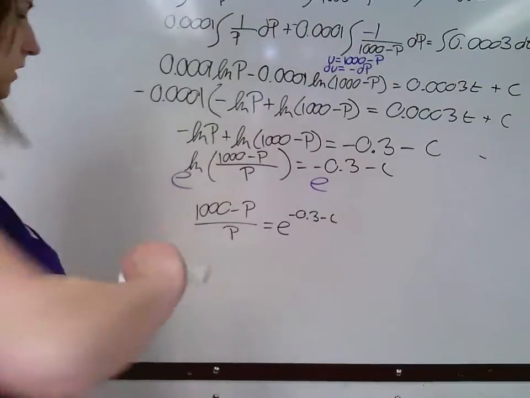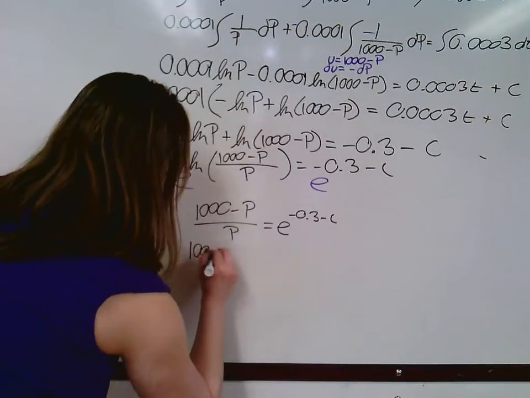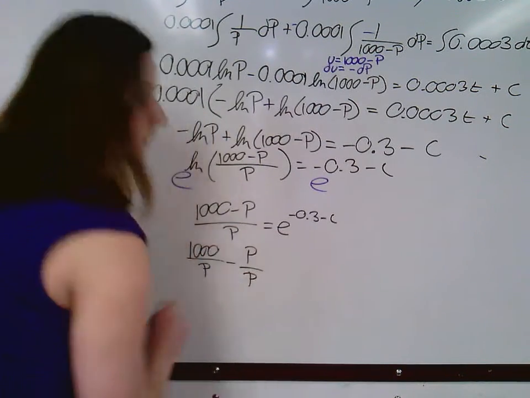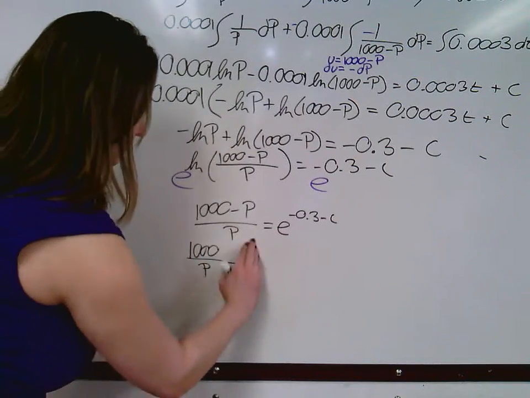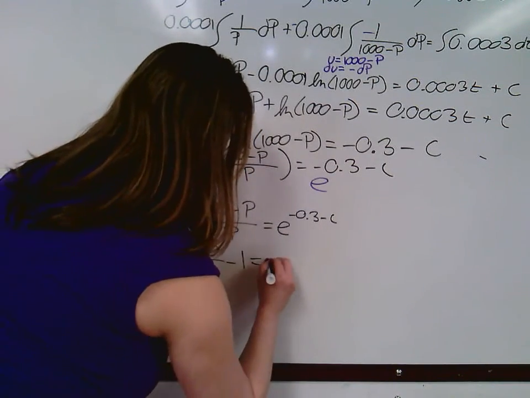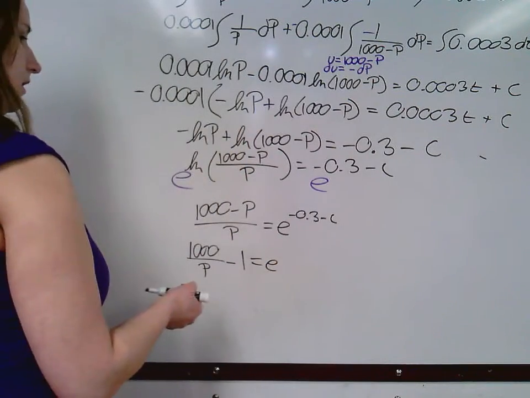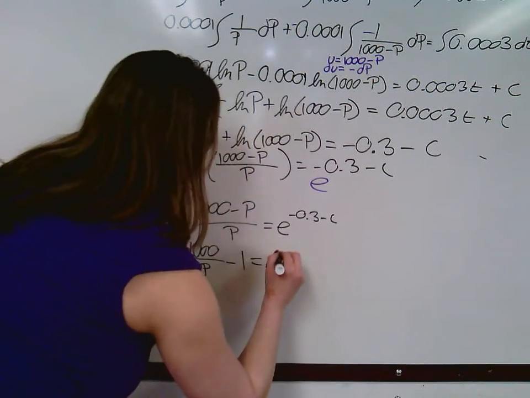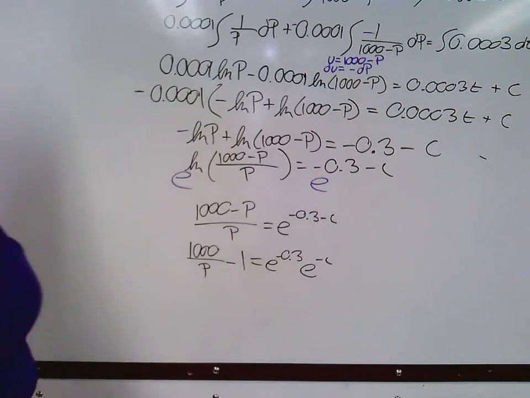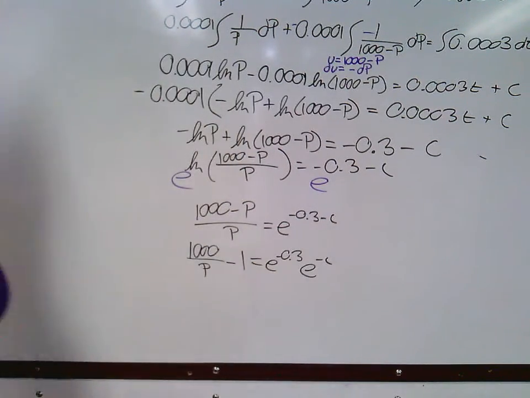So you're going to have 1,000 over p minus p over p, which turns into 1. And this is going to be negative 0.3 times e to the negative c. Don't worry about bringing that on the bottom. We're about to get rid of that.